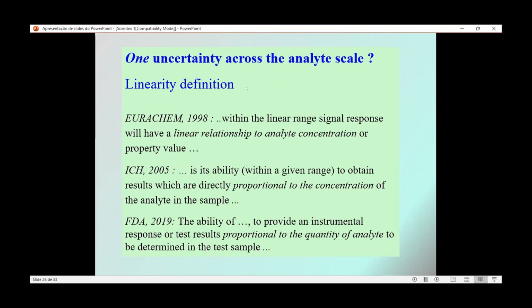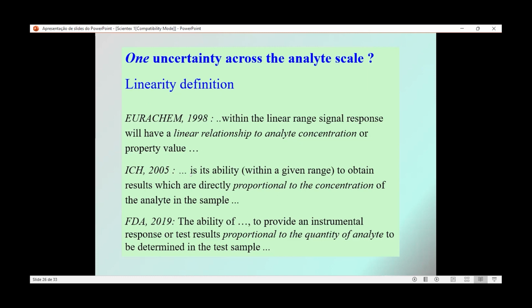Well, linearity is very much used in the methods we use every day in our routine. Linearity definitions are several, but they are very, very similar. In Eurachem, linearity is defined as: within the linear range, signal response will have a linear relationship to analyte concentration or property value.